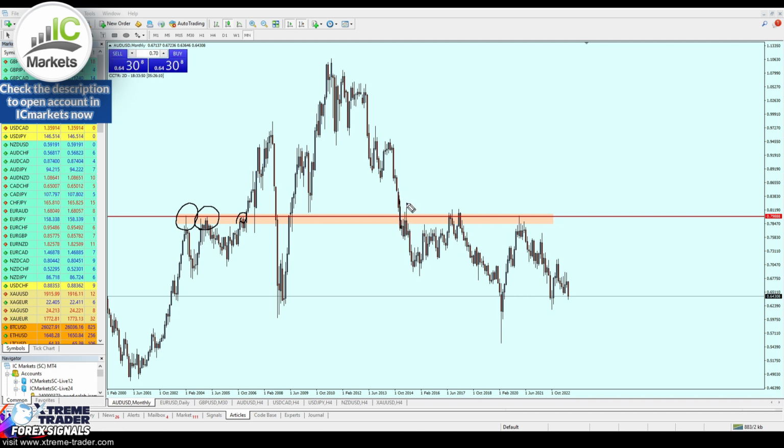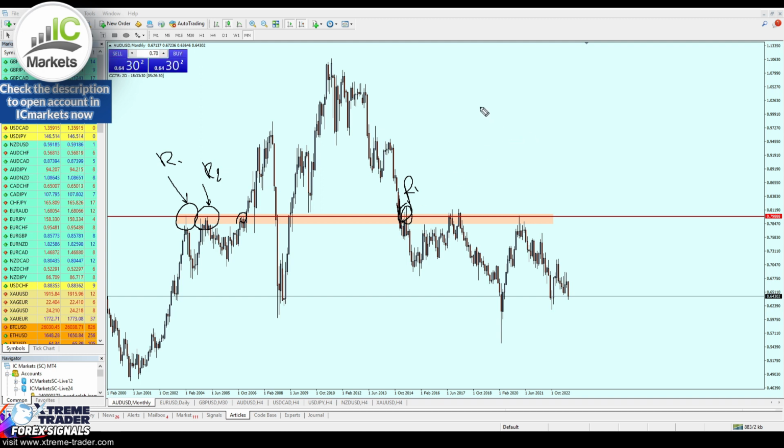So now we have here resistance number 1 again. So this was right here, resistance number 1, resistance number 2, and actually after the bearish breakout happened right here, the counting begins from the start, and now we are having here another attempt of a real resistance, or actually a first attempt of a resistance.